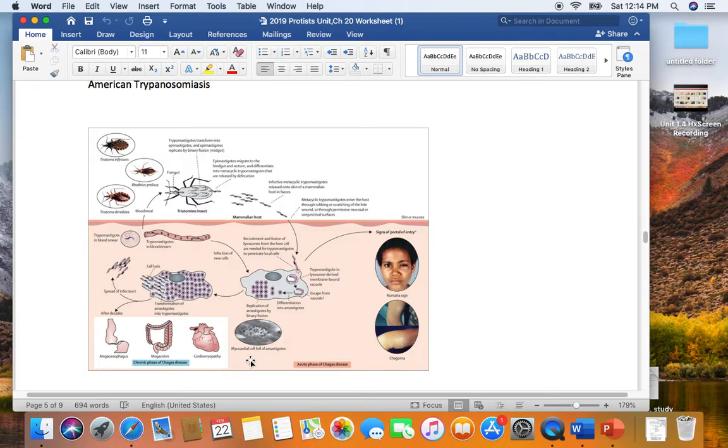There are possible vectors here in California. The thought is probably a lot of the cases that are diagnosed in the United States, people have gotten infected living in endemic areas, and then when they come to the United States, they maybe develop the chronic symptoms. So not sure on actual endemic transmission here in the United States, but certainly we have the vectors.